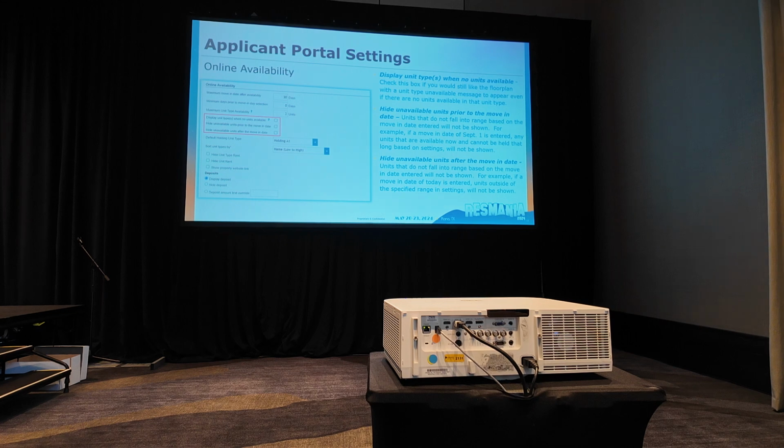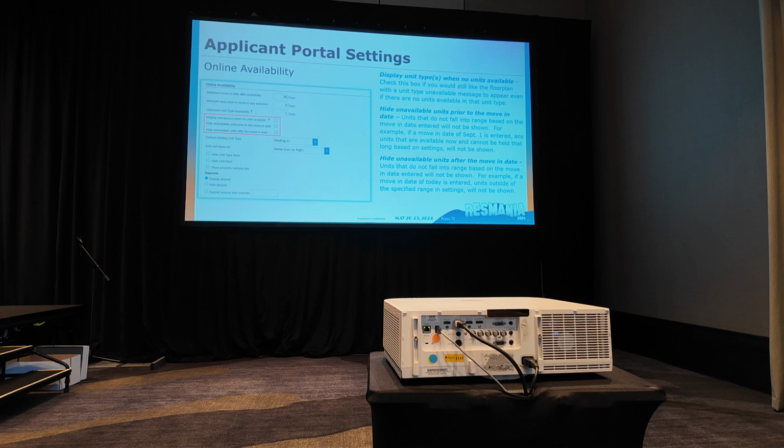So what the hide unavailable units prior to the move-in date checkbox does is, when somebody goes onto your website, they're going to enter their desired move-in date on that pop-up box. Units that don't fall into that date range that you have specified, based on that move-in date, won't be shown.